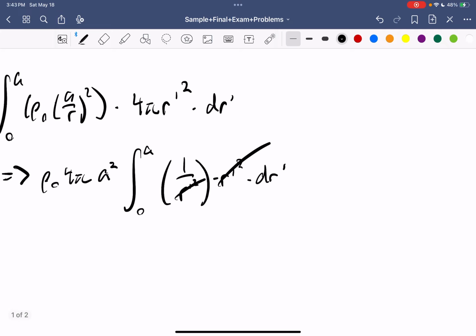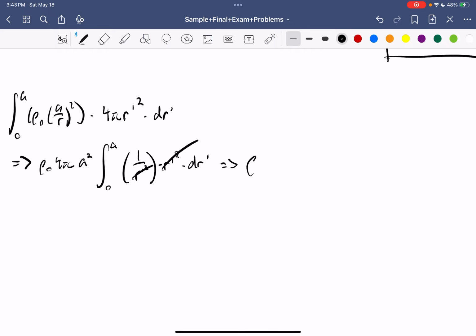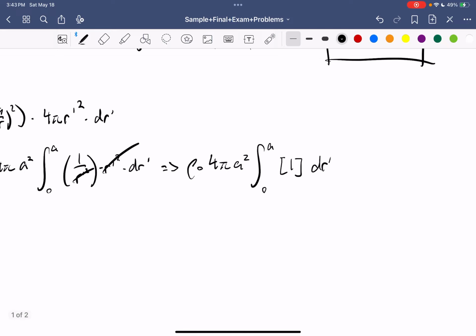Now let's cancel those out, and we're going to get, again, the coefficients out in front, rho naught 4 pi a squared, from the integral bounds of 0 to a of 1 dr prime.